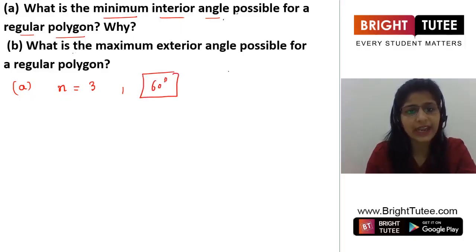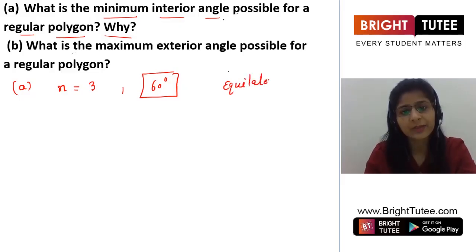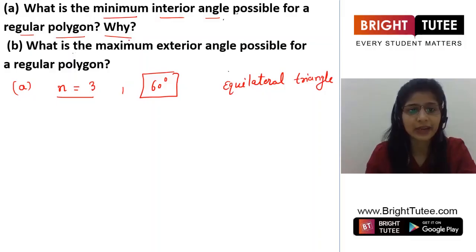The reason we give is that it is equilateral as well as equiangular, and it has 3 sides. It is a regular polygon and the minimum angle will be 60 degrees. Clear? In the B part, we are asked what the maximum exterior angle possible is.